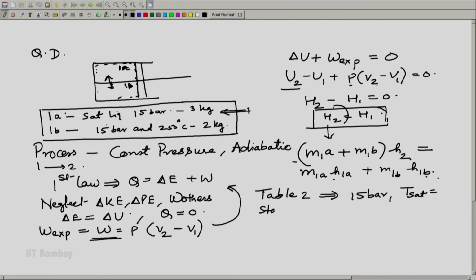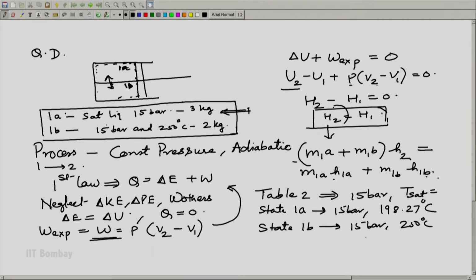Alright, so we find that state A or 1A is at 15 bar and 198.27 degree centigrade, and state 1B is at 15 bar and 250 degree centigrade, which means that it is a superheated vapor. Alright, let us go to the next page.